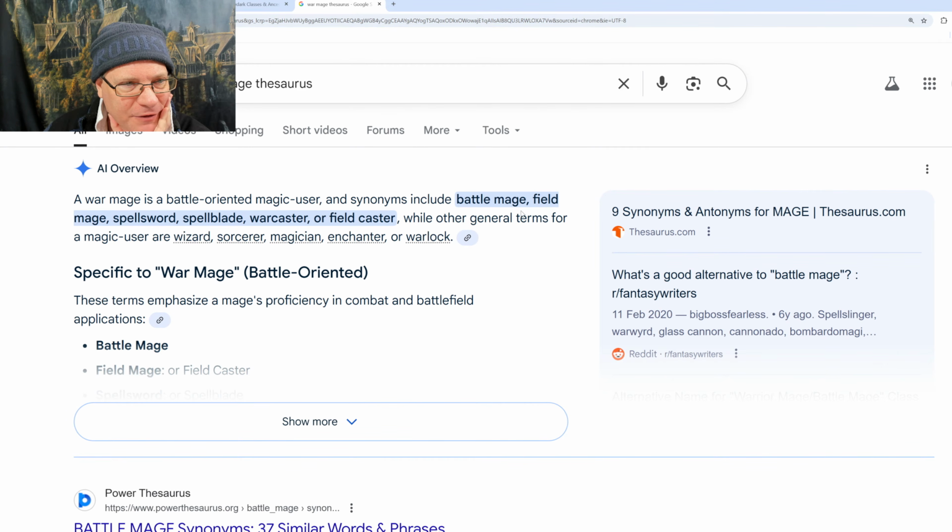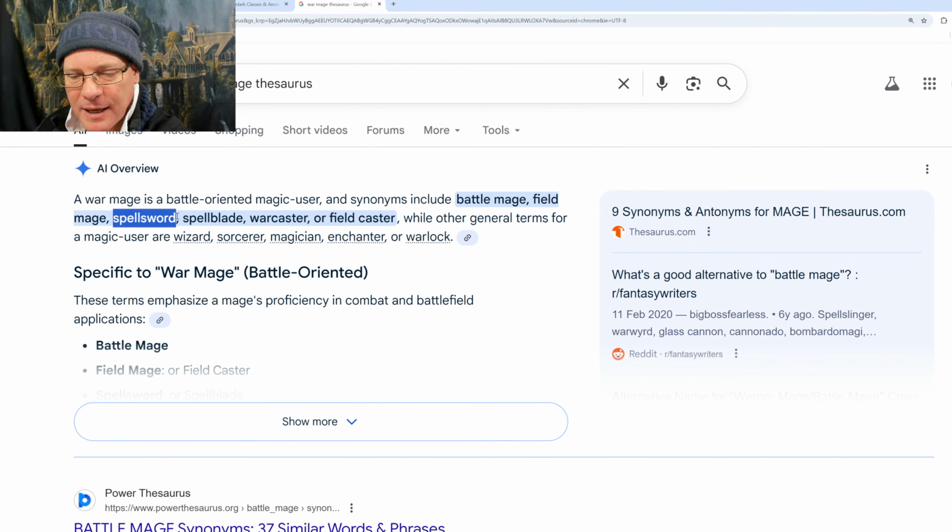So Battle Mage, Field Mage, Spell Sword. I am open to the idea of using Spell Sword. The problem with the word Spell Sword is we have another class coming up in the future that will be called Blade Singer, and I'm probably going to wind up having to use Spell Sword and Spell Blade as titles for that, which is a pain.